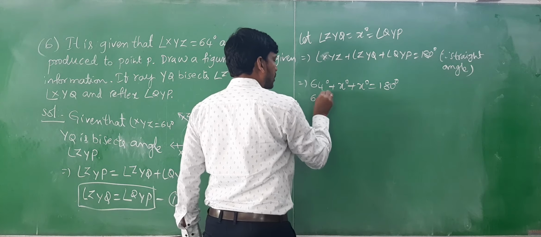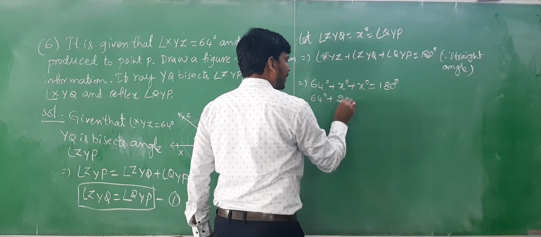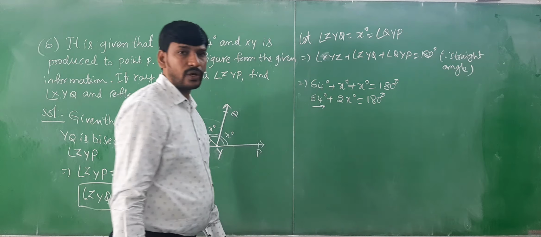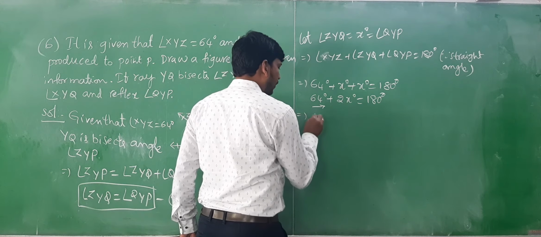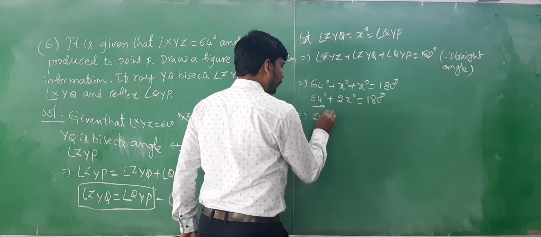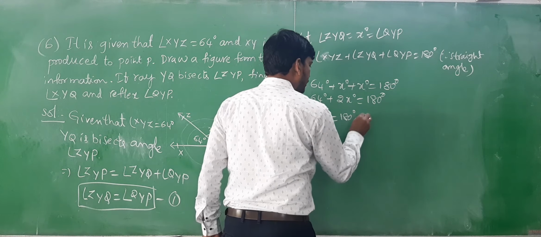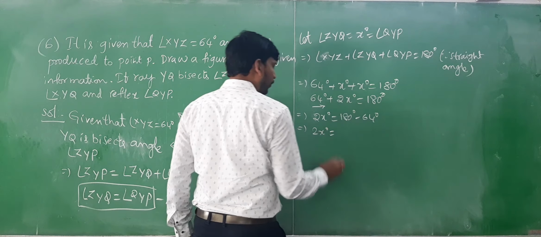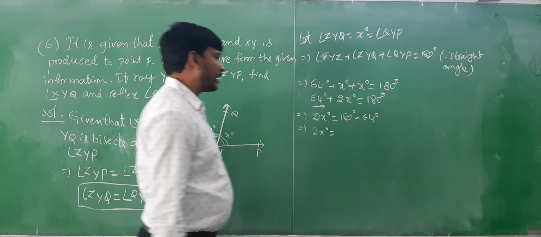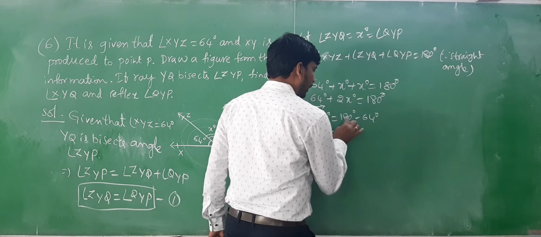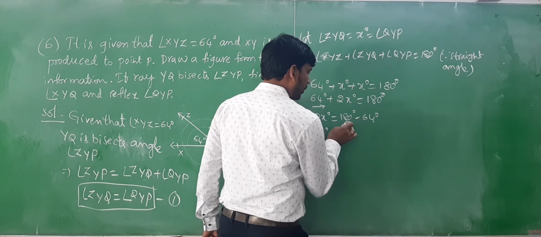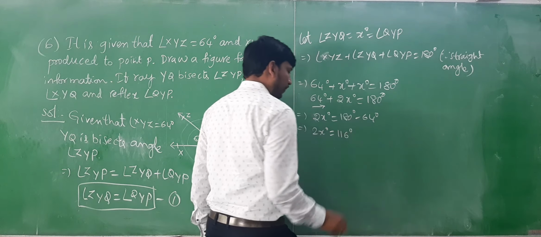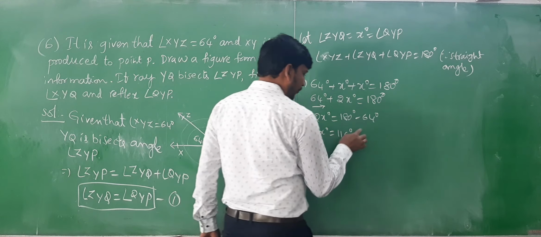Transpose 64 to the RHS: 2x degrees is equal to 180 degrees minus 64 degrees, which is 116 degrees.